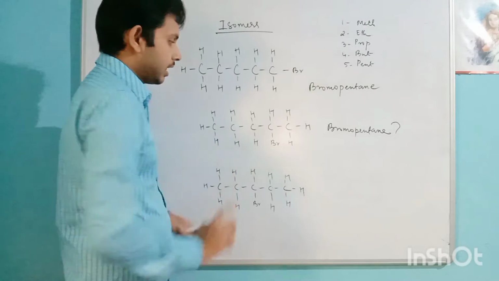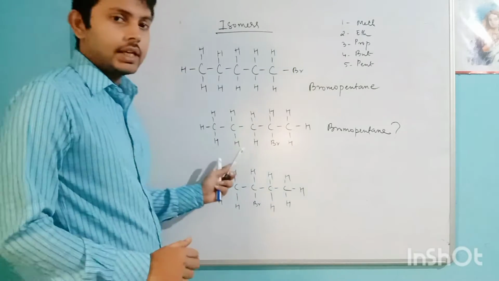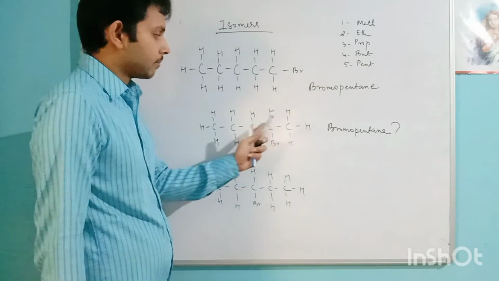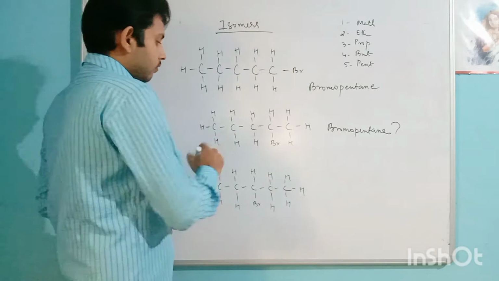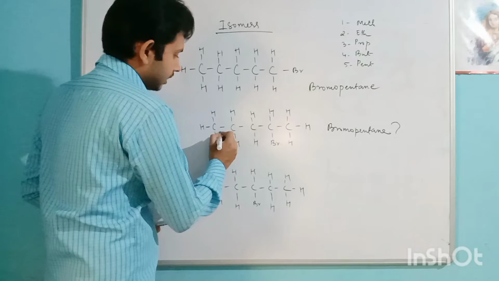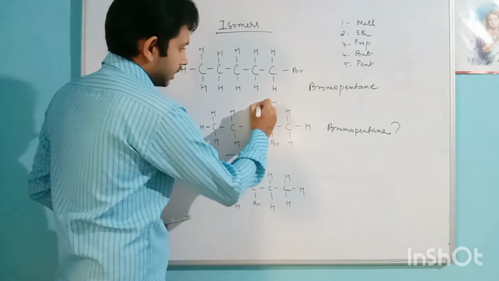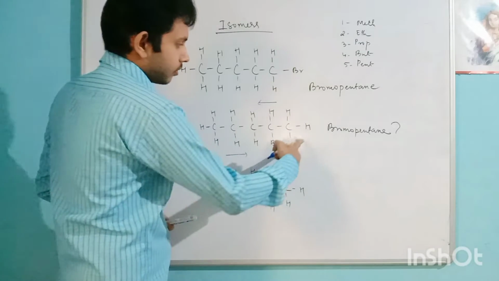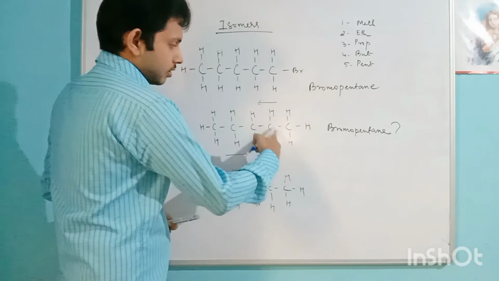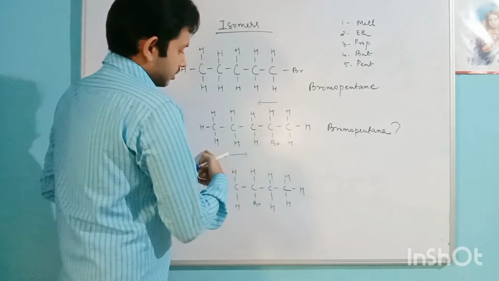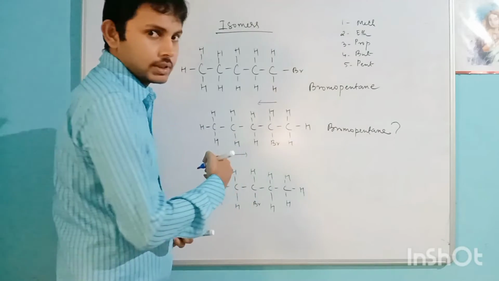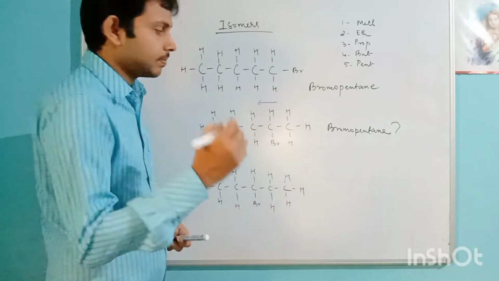How to write the name of this compound? In this case you have to number the carbons: 1, 2, 3, 4, 5. Whether you number from this side or from this side, here there is bromine, so the side from which it is closest, you have to number from that side.